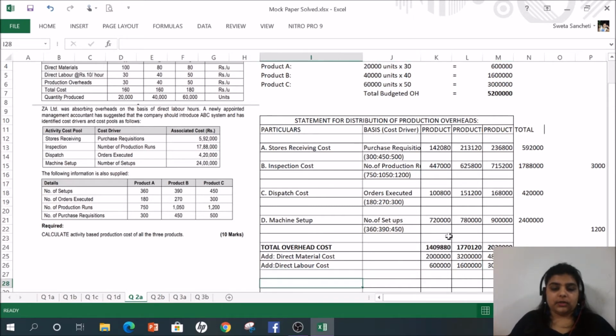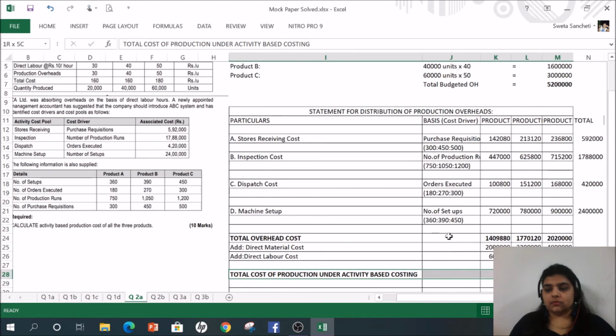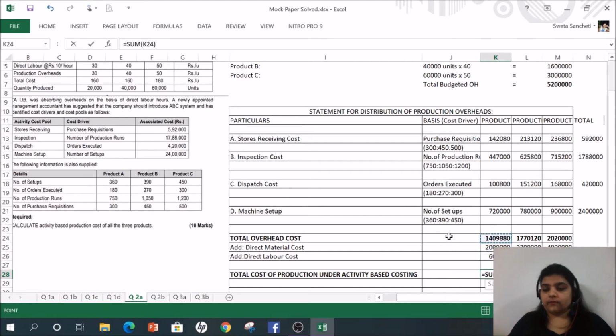So what we have got is the total cost of production under activity based costing. So the total for this would be a sum of overhead plus material plus this. This is the total cost.